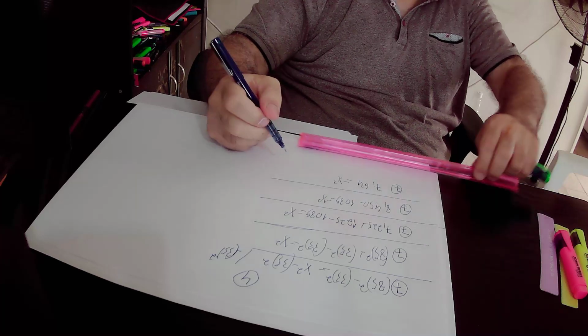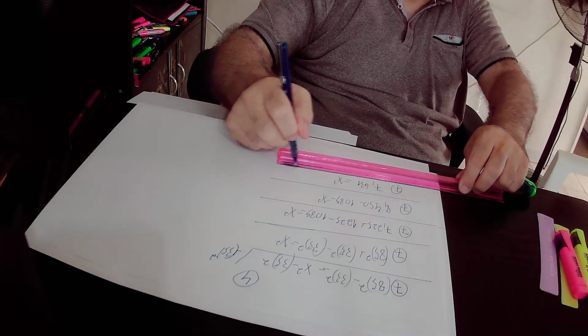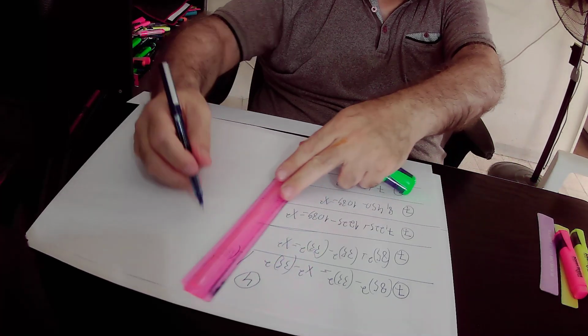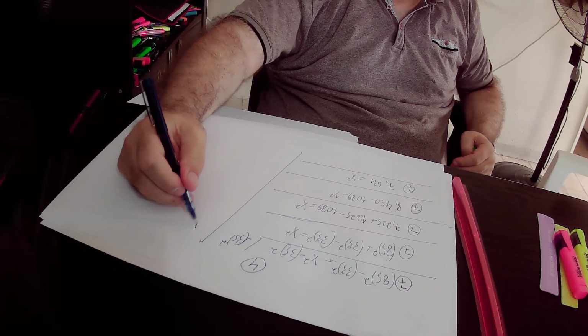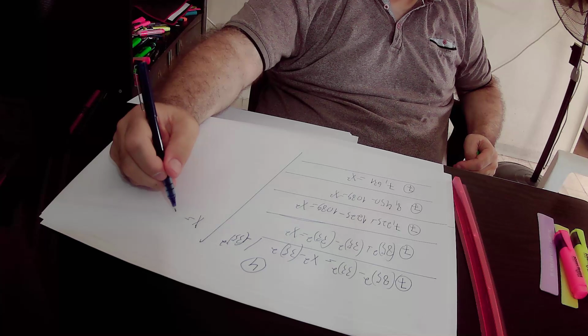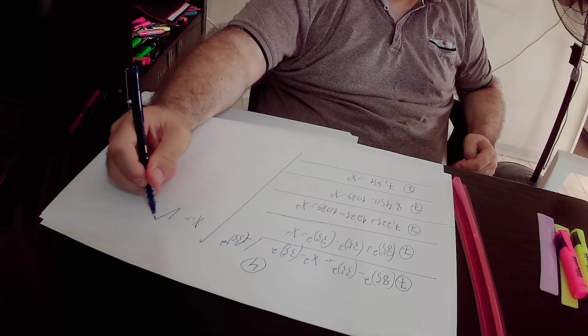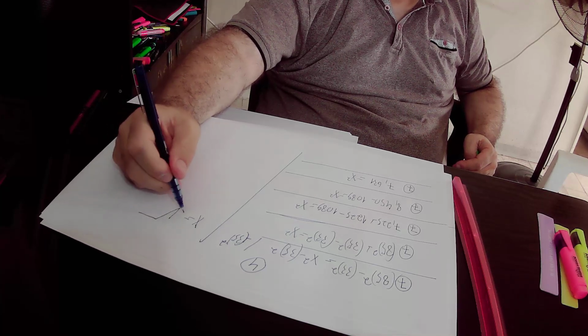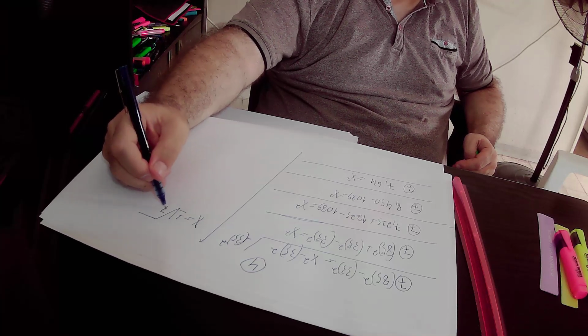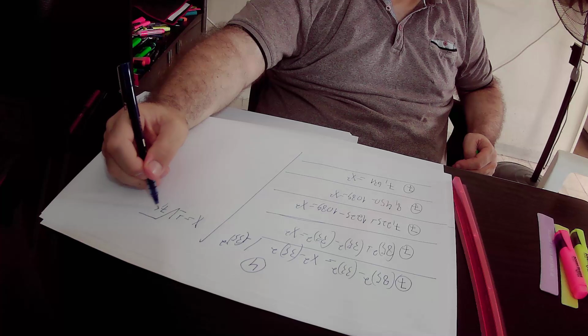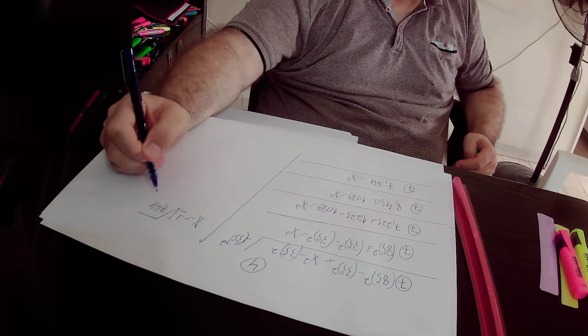Therefore, we take a root out of this equation number 7, and you will get that according to equation number 7, x equals plus minus the square root of 7,631.